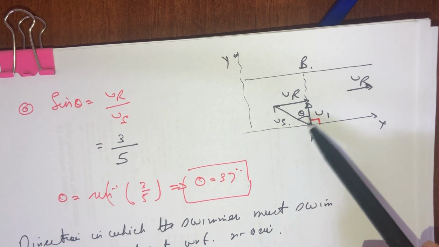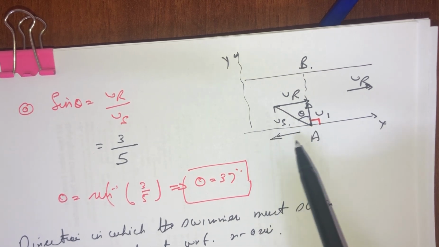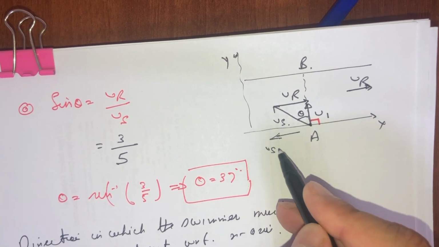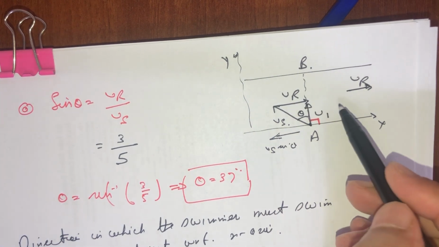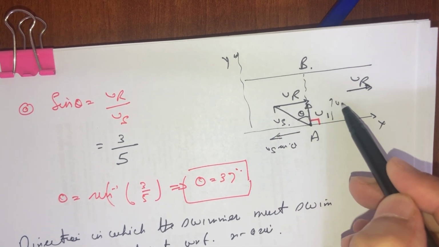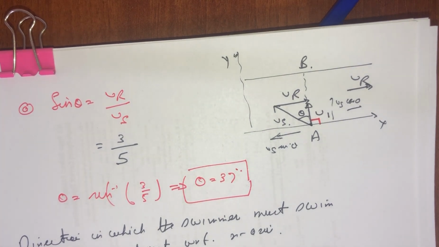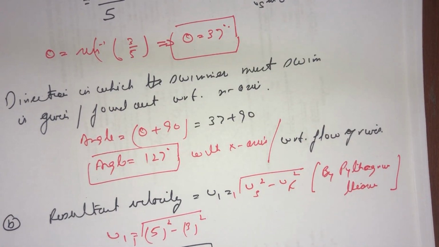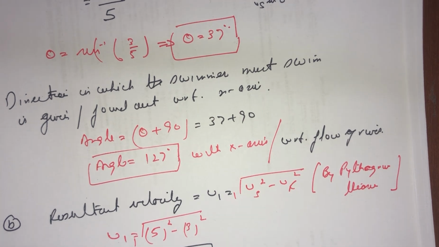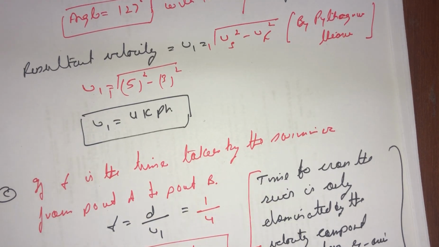Vs we can divide into two components: in this direction it will be Vs sine theta, and in this direction Vs cos theta. So either way we find the time taken by the swimmer to cross the river from point A to point B.